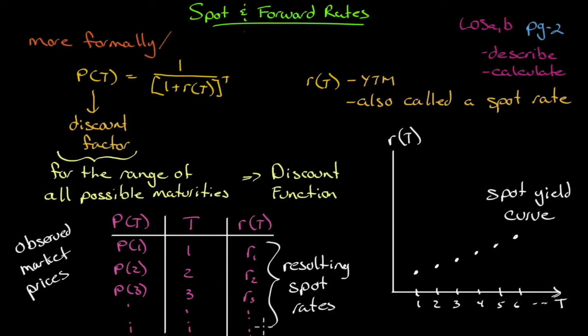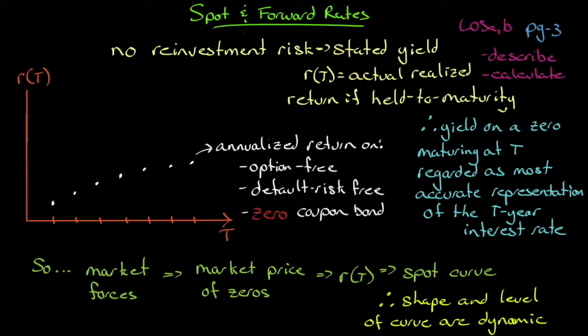Once we have our spot rates, we can draw them out on a graph. We can plot our rates here and our time periods here, and if these are the spot rates that we arrive at, this is called a spot yield curve or a spot curve. So having introduced one of the heroes of our story, the spot curve, let's look at some of the characteristics of this fellow.